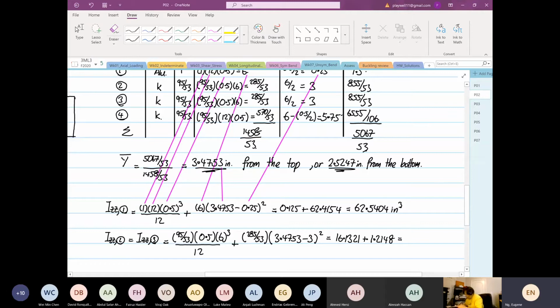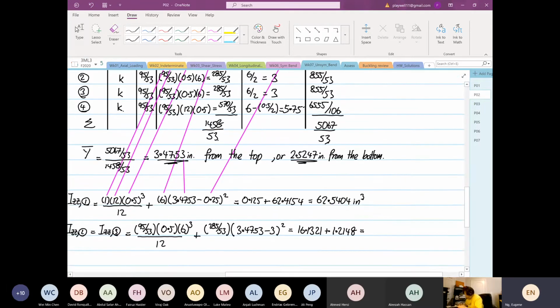Let me do it again. 3.4753 minus 3 squared, times 285 over 53, 1.2148, correct. So 16.1321 plus 1.2148 is equal to 17.3469 inches. Why do I say cube? Okay, inches to the power 4. Okay, let me do it. 16.1321 plus 1.2148.